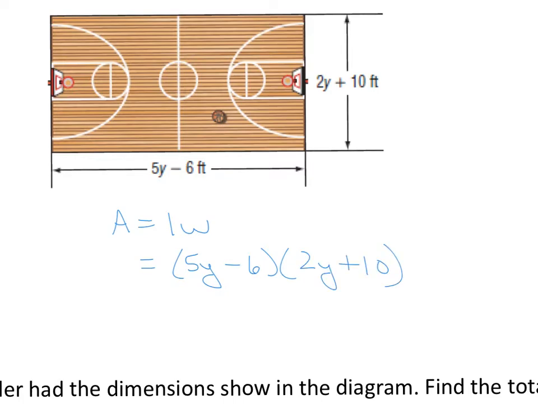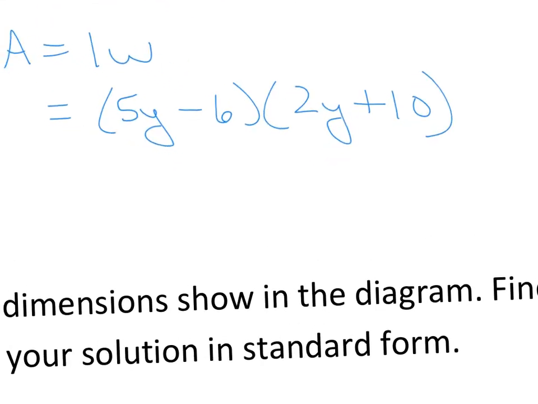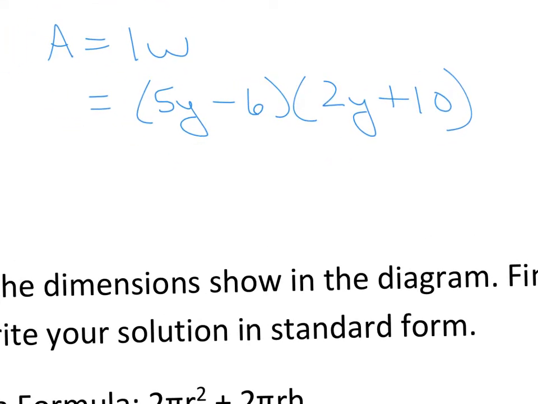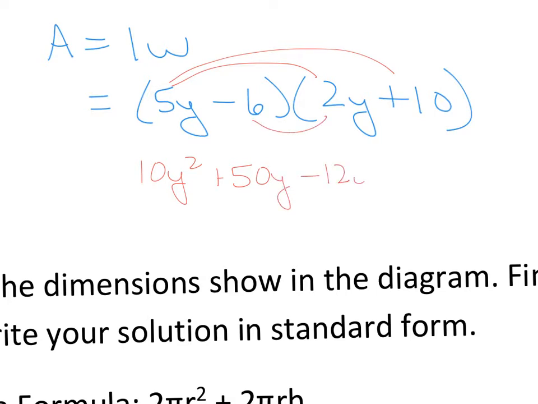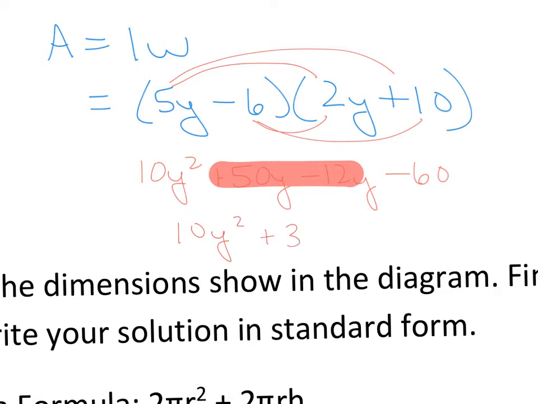And now we're going to go ahead and FOIL. So when I do that, I'm going to get 10y squared plus 50y minus 12y, and then minus 60. Again, combine like terms in the middle here. 10y squared, 50 minus 12 is 38y, minus 60.